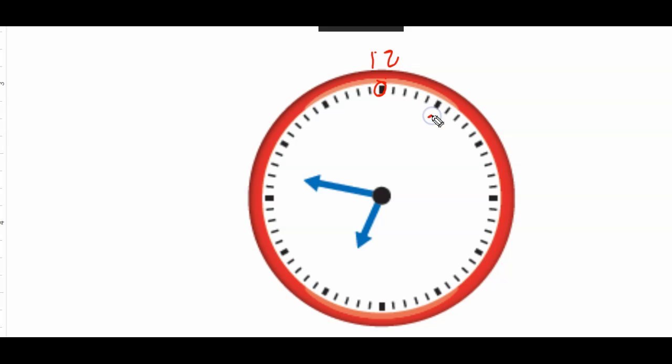Then the next one over? 1. So let's do it this way. 12, right? And this one represents 1. This one here? 2. This one here? 3. And then this one here? 4.